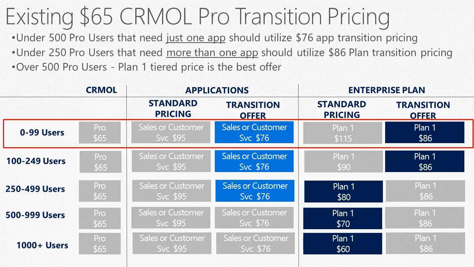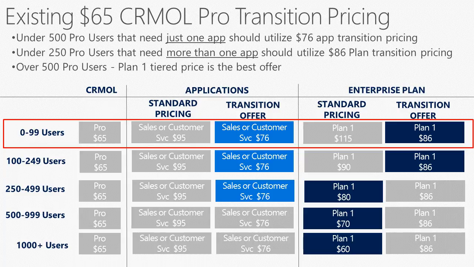So let me talk about some of this transition pricing first. If you had sold the professional version of CRM Online, obviously, for $65 at the estimated retail price, we have a transition price available to you right now. If you decide you want to go with just the individual apps, such as the sales app or customer service app, that would be $76.